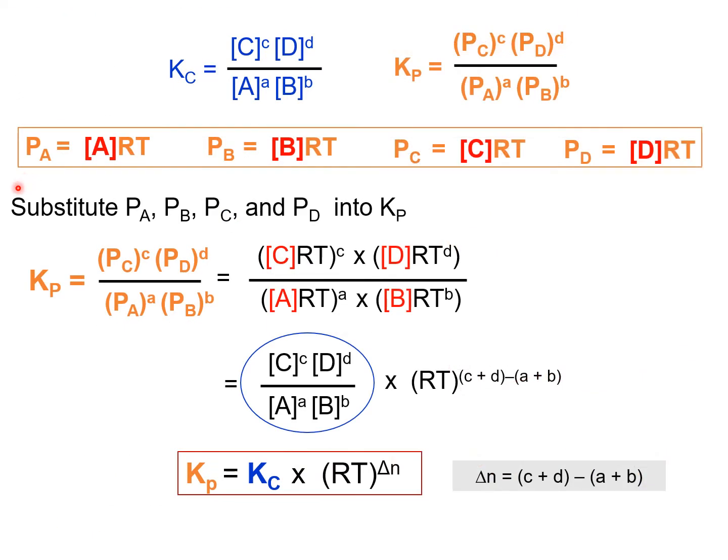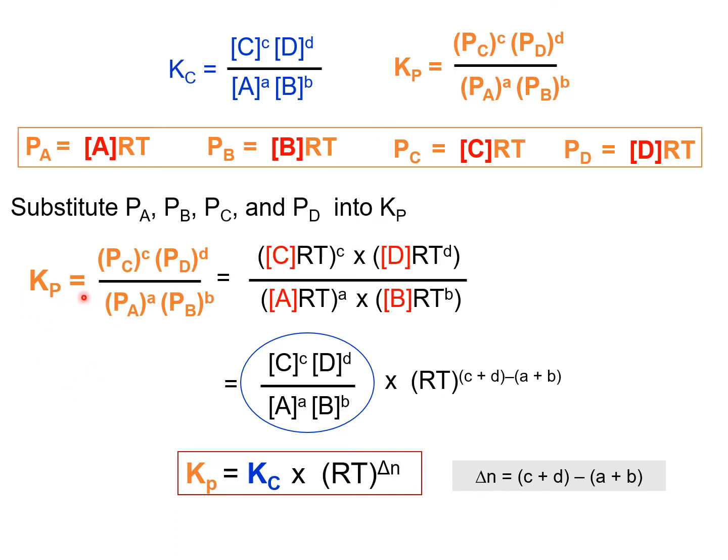Alright, next, once kita dah tahu partial pressure of A is equals to concentration of A RT, partial pressure of B is equals to concentration of B RT, and same goes to C and D as well. So we can substitute partial pressure of A, B, C and D yang kita dah buat di dalam bentuk concentration ni di dalam Kp expression.